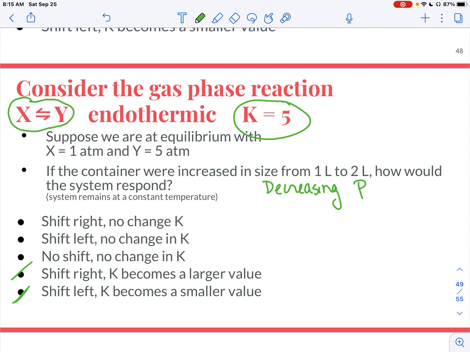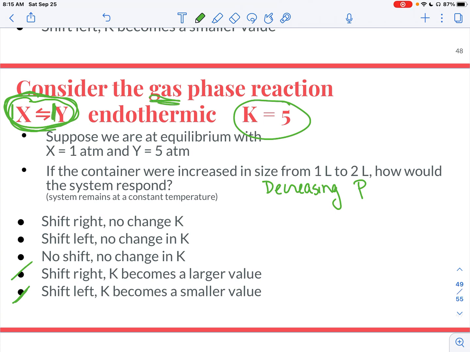And our rule for pressure is that if you increase pressure, you go towards the fewer moles of gas. If you decrease pressure, you go to the greater moles of gas. So in your reaction, you would figure out which one has more moles of gas. They're the same. They both have coefficients of 1.